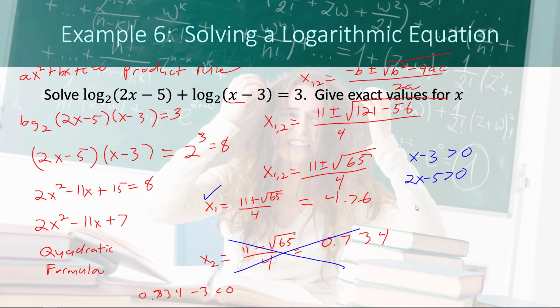So the only solution set for this particular problem is 11 plus root 65 divided by 4. So just remember, whenever you get your proposed solutions, make sure that it produces positive value arguments in the logarithms.